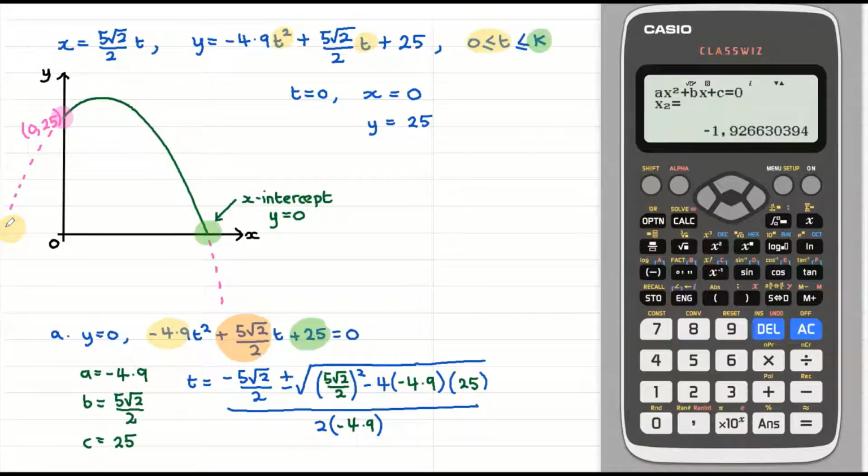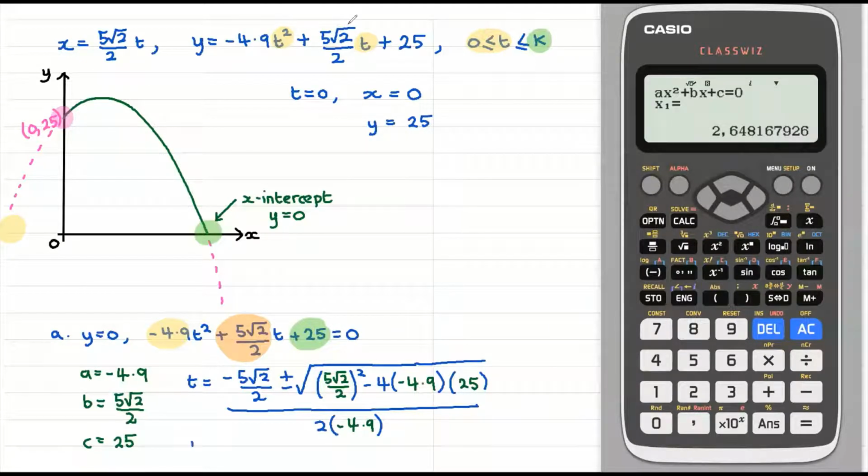That's not what we want. That's not the modeling situation. So we ignore that answer, and we're just interested in the first answer, which is 2.648.